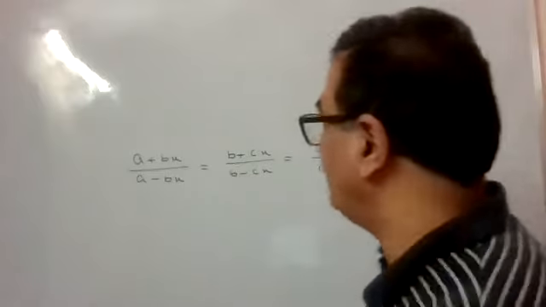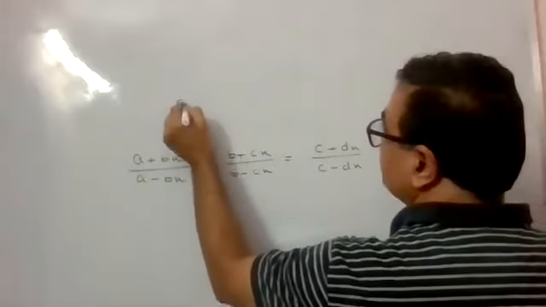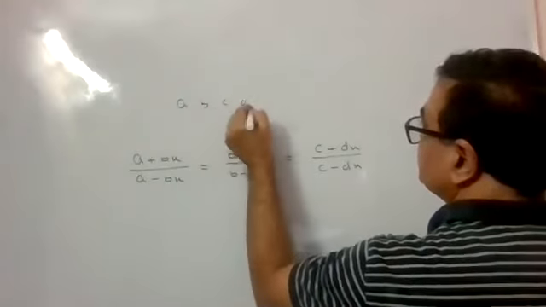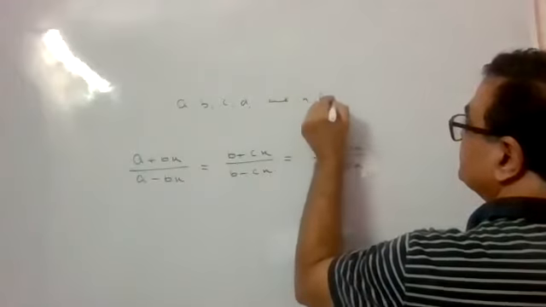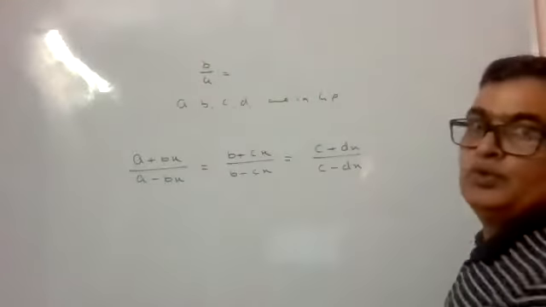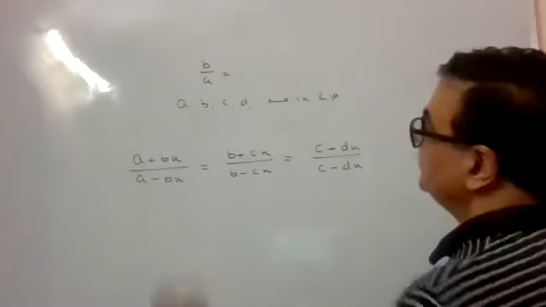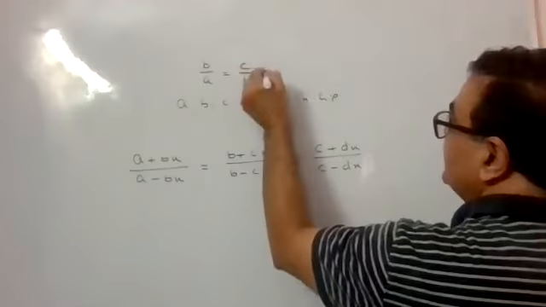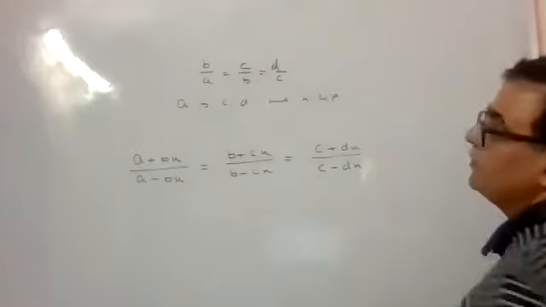A, B, C, D, if they are in GP, we are asking, that means I need B by A should be equal to C by B equal to D by C. This we have to do.